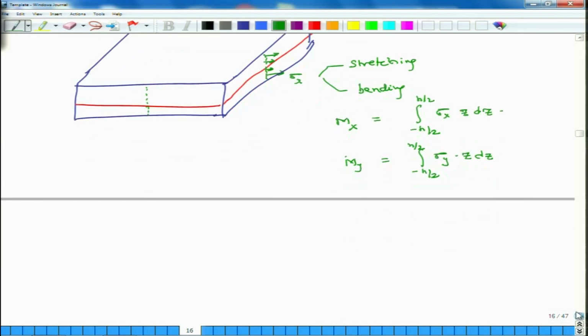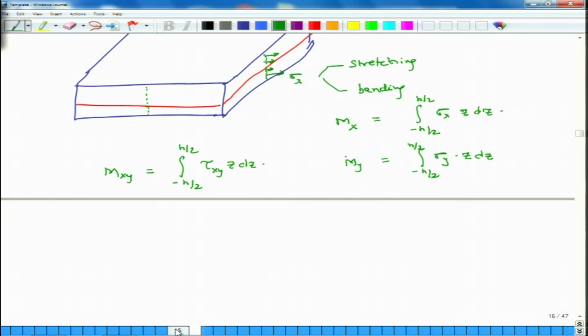And there is also a moment because of the shear stress, which causes the plate to twist, and we can write it as Mxy equal to the integral from minus h by 2 to h by 2 of tau xy z dz. So, these are the three moment resultants.